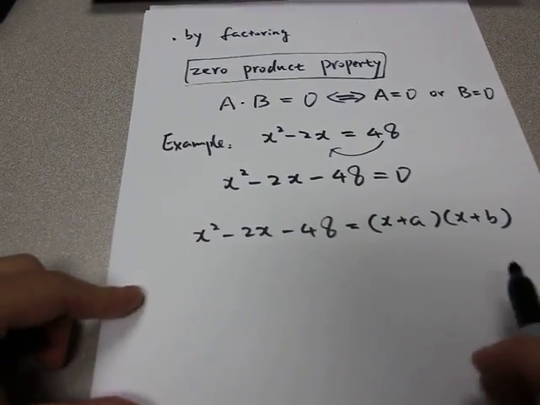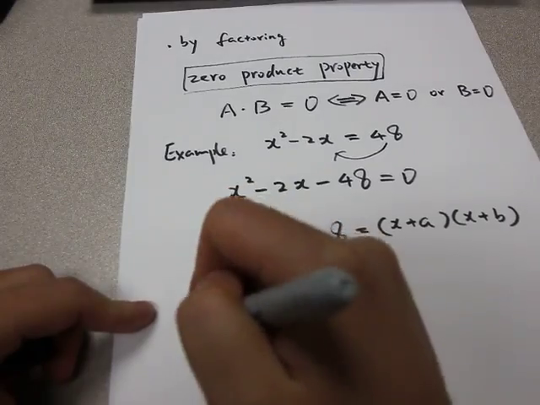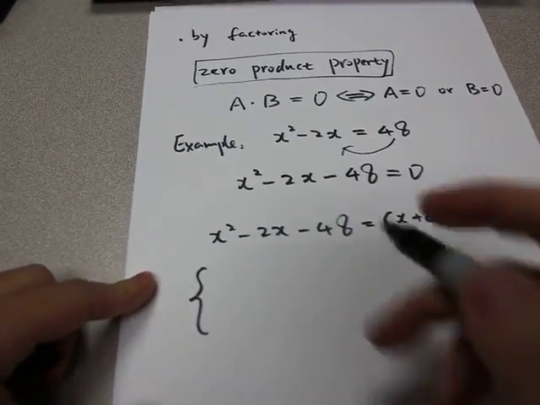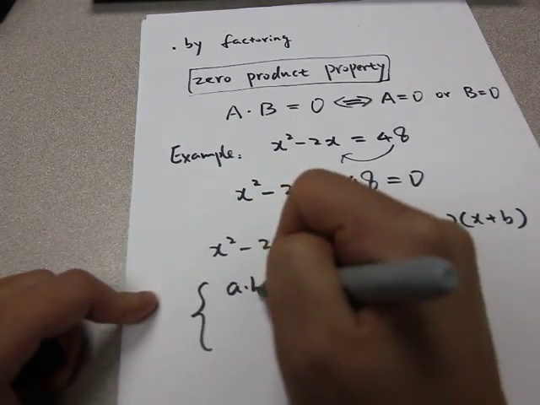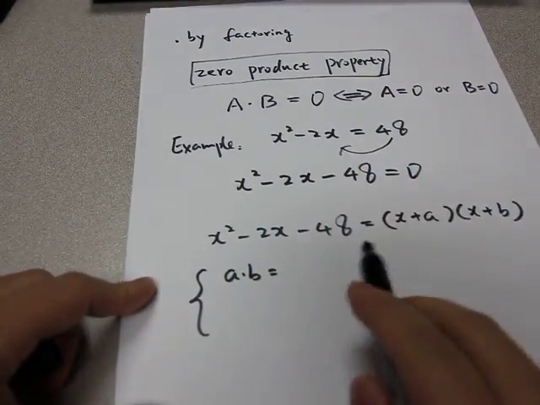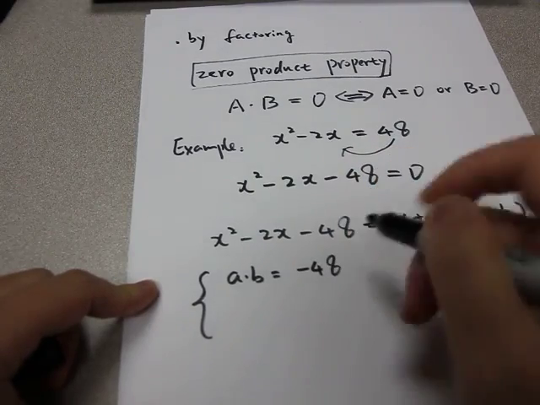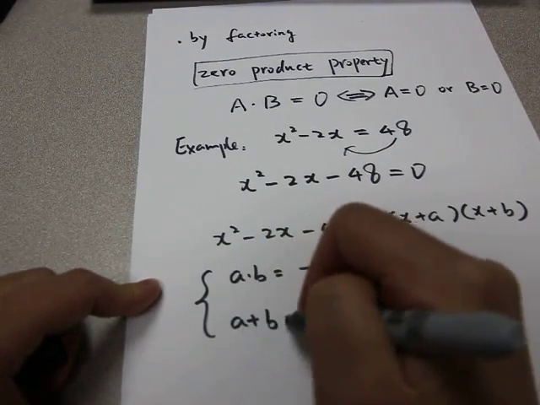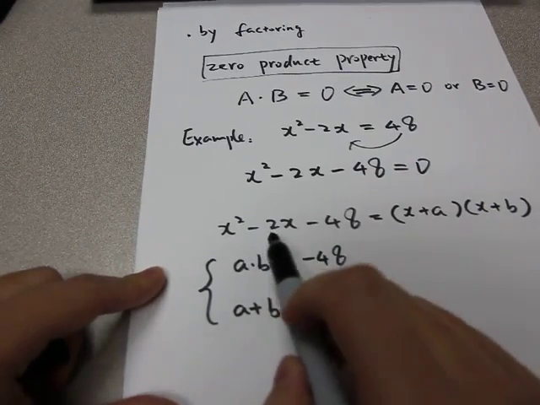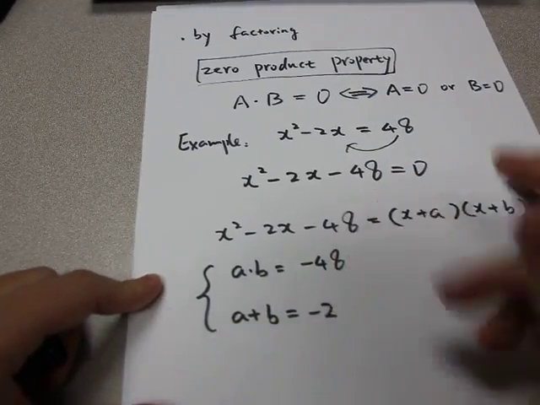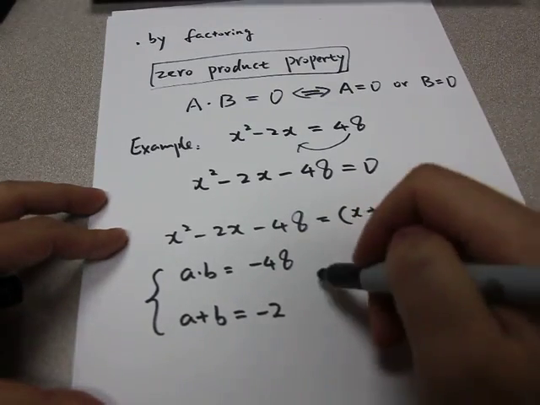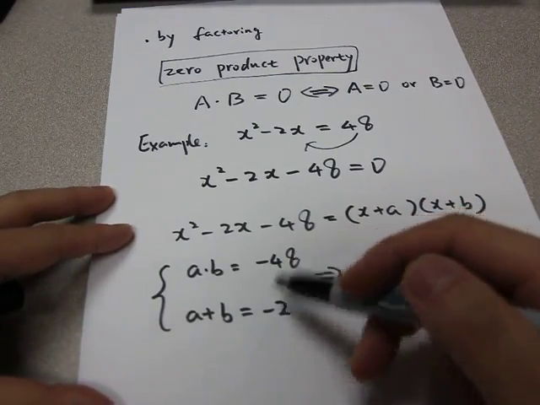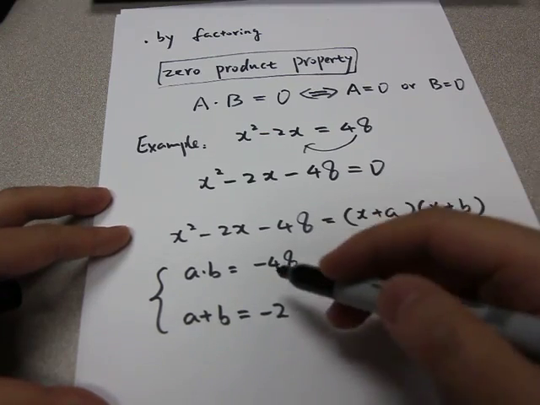Now still remember how do we do this? We said the product of these two numbers is equal to the constant, and the sum of these two numbers is equal to the coefficient of x, which is negative 2.